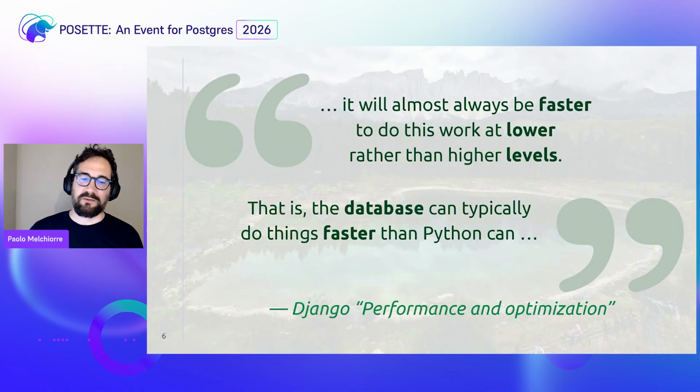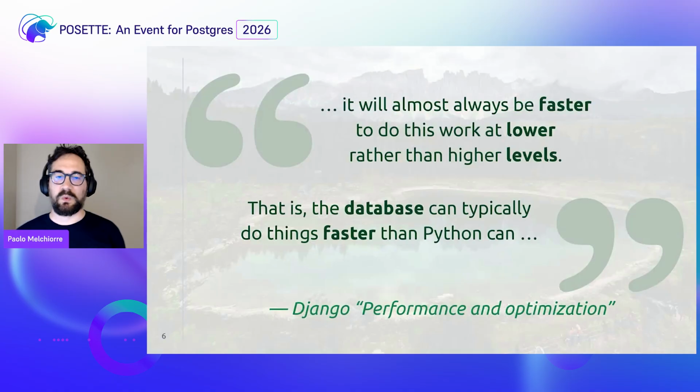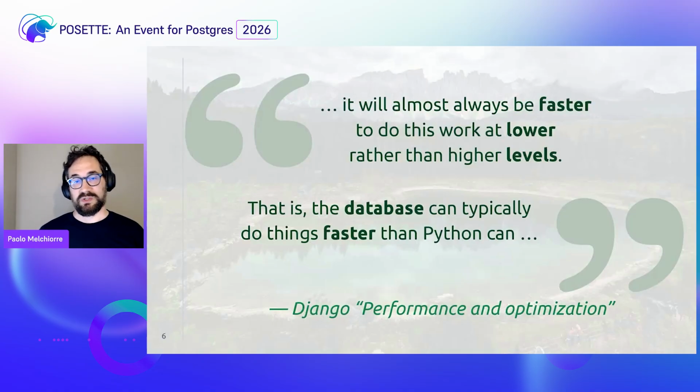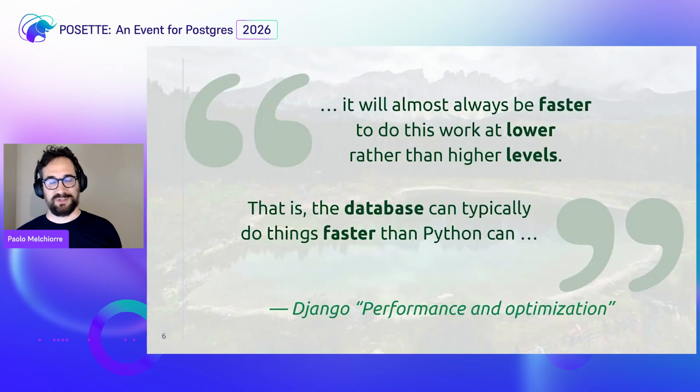We can read in the performance and optimization section, about using Django in the right way, that you have to try to use the lower level if you want to be faster. And speaking of Django and the ORM, the lower level is typically the database. In fact, I like using the database in the best way, and today we are going to use Django with Postgres, of course.